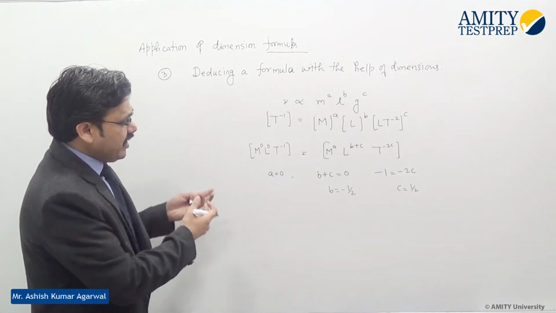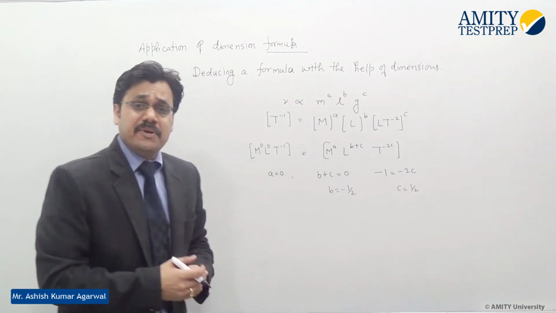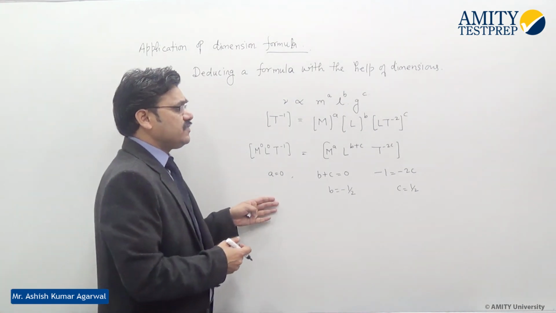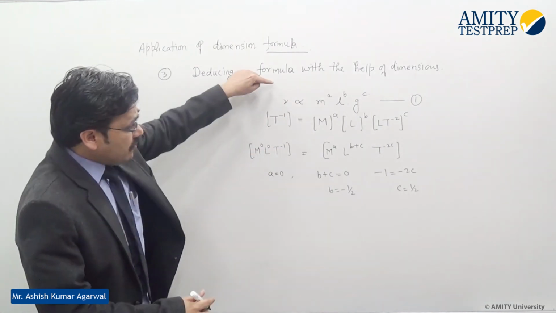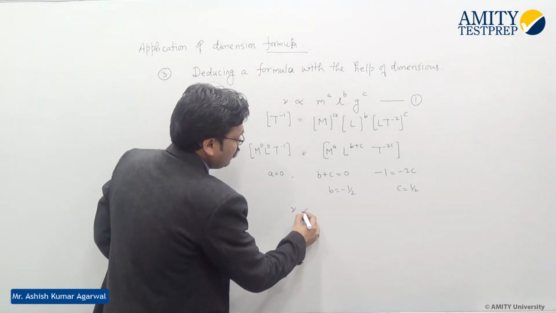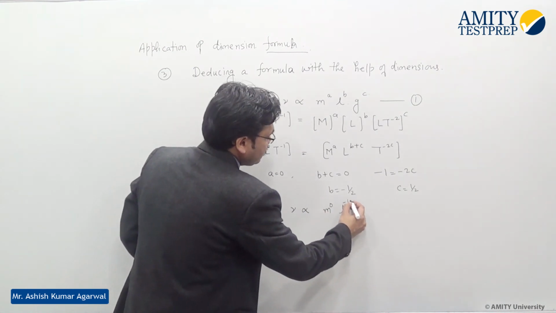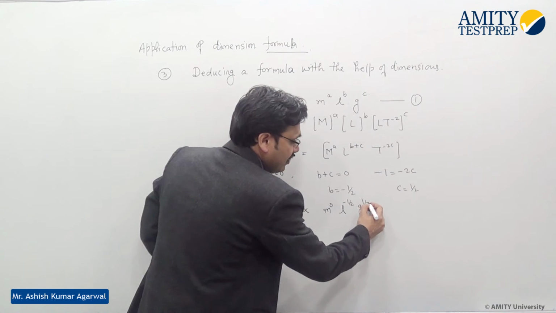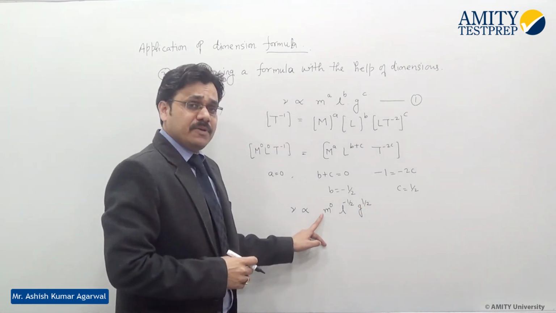Now you have the values of the dimension constants a, b, and c. You have to put these values in our equation first. So when you place them here, frequency is proportional to M to the power 0, L to the power minus half, and g to the power half. You can clearly see M to the power 0.